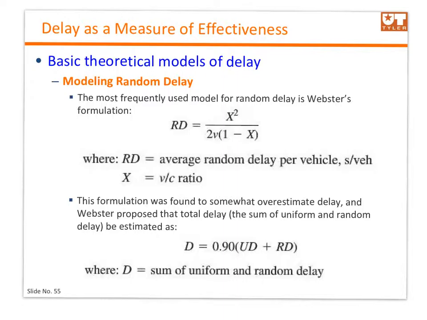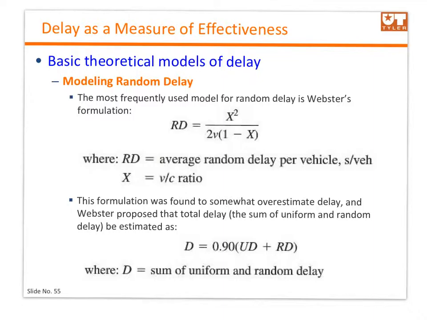The most frequently used model for random delay is Webster's formulation, which is this simple equation: RD is equal to x squared over 2v times (1 minus x). RD is the average random delay per vehicle, measured in seconds per vehicle, and x is the v over c ratio.